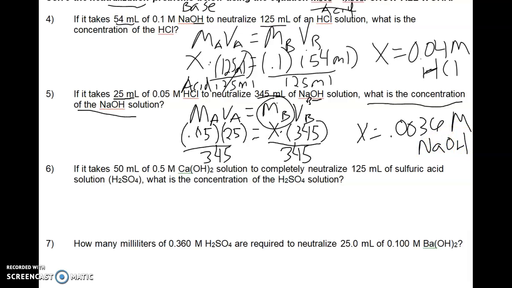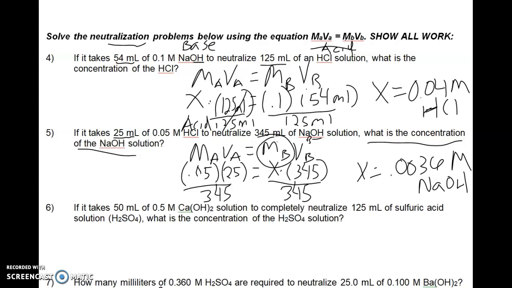Remember, I do not want to see any numbers that don't have units. So pay attention to where your X is and who you're solving for. In the first problem, our X was the molarity of our acid, so that's how I knew to write the unit molar, capital M, for our acid, which is the HCl. And for this one, I knew we were solving for the molarity of the base, so again, it was molar for NaOH.